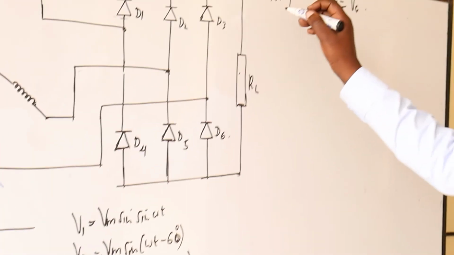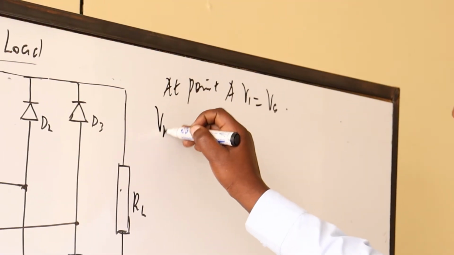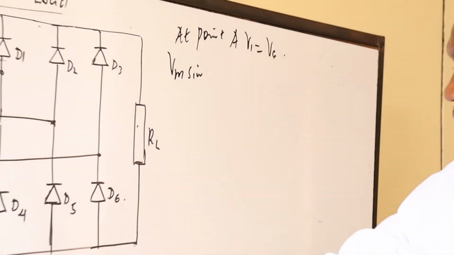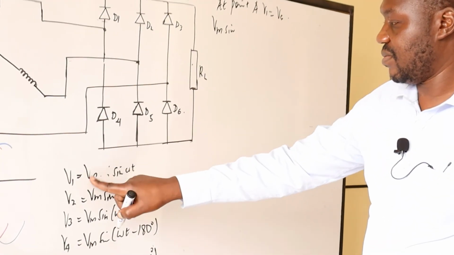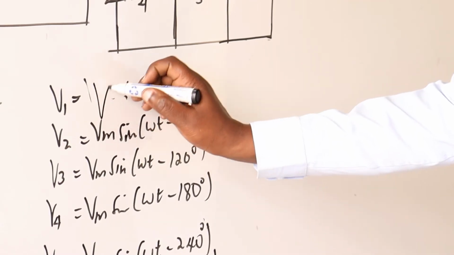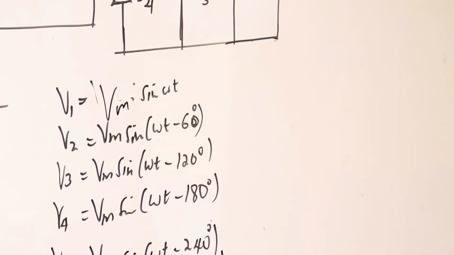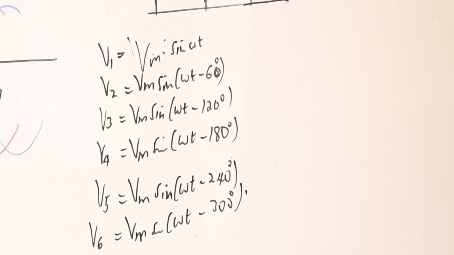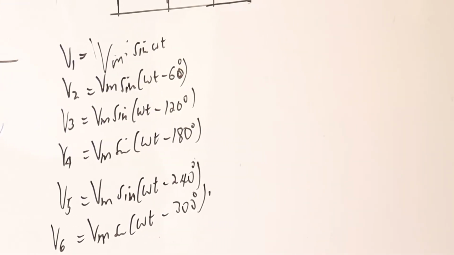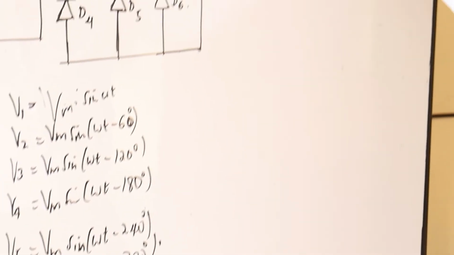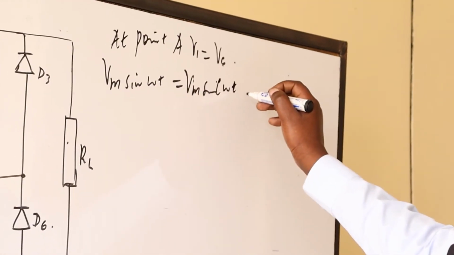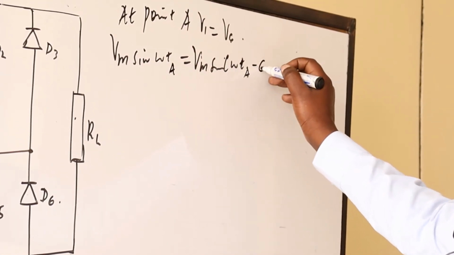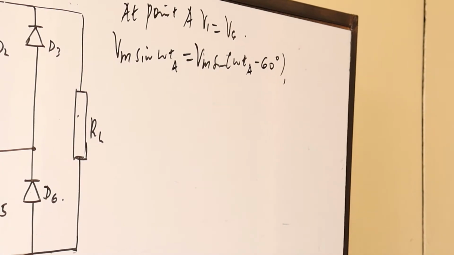So we say that Vm sine omega t equals Vm sine of omega t at point A minus 60 degrees.